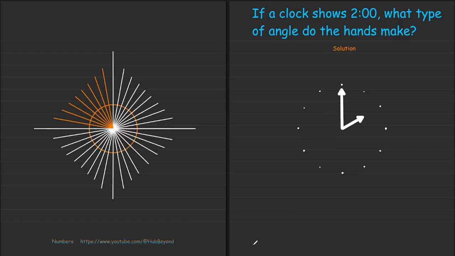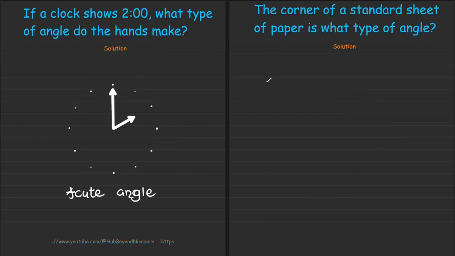So when it's 2 o'clock, the type of angle that is formed is an acute angle. So simply put, an acute what? Angle.